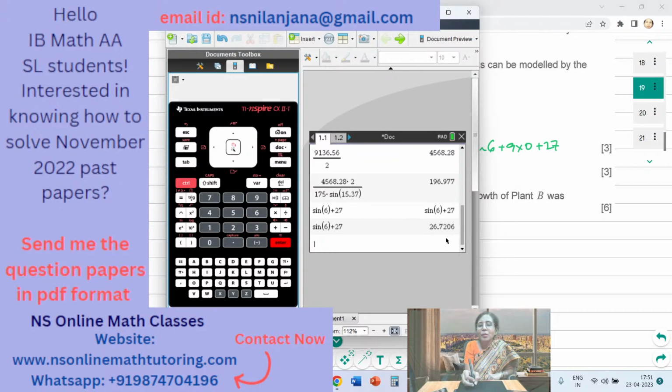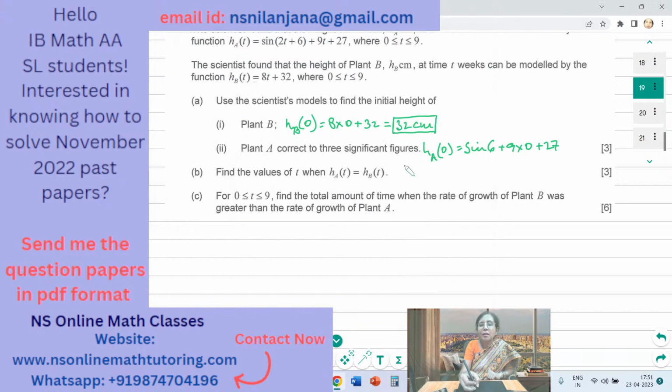Okay, 26.7 up to 3 significant figures. If I need more digits, I'll take them later, but right now I'm taking only 26.7 centimeters.